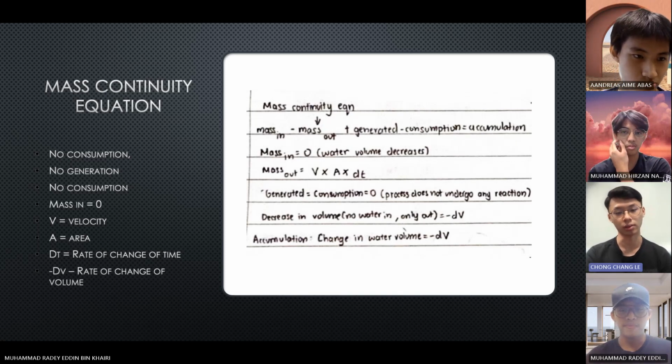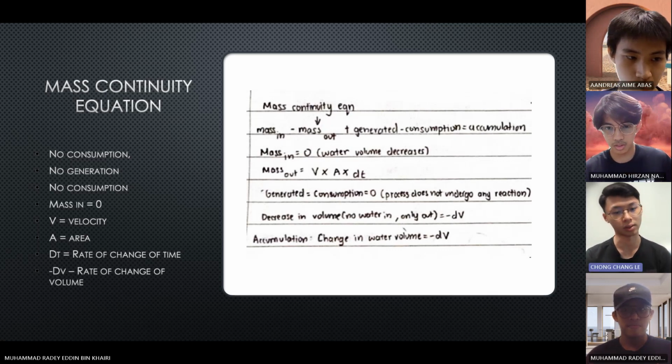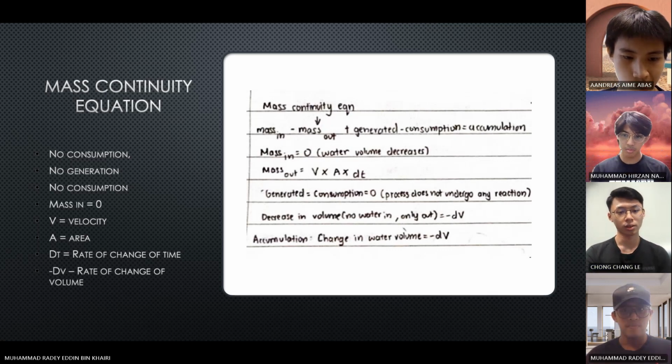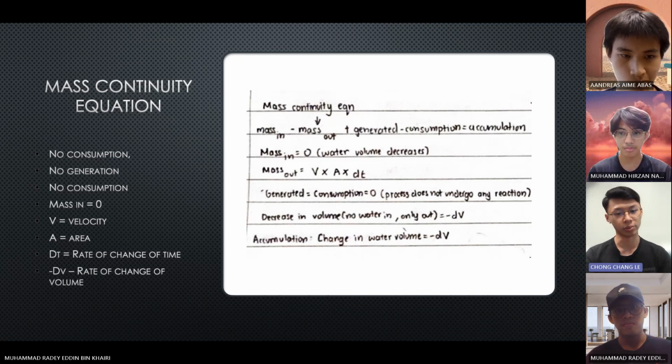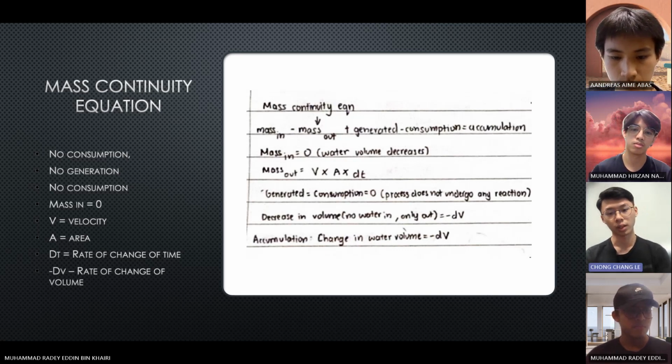Generation and consumption are equal to 0 because there is no reaction taking place in the apparatus. There is no consumption of reactants and generation of products. There is only a decrease in volume, which means that no water is going in and only water is going out. Thus, we can deduce that the rate of change of volume, negative dV, is equal to accumulation.